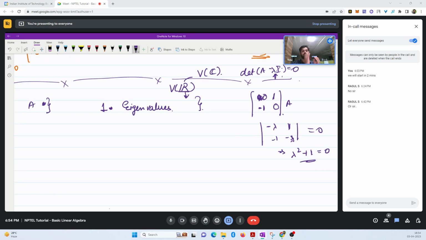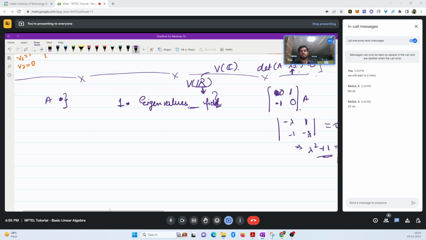So the first step for any diagonalizable matrix is that you should have eigenvalues in that particular field. That is the first and foremost thing that you should have. So how do you check that? Whatever characteristic polynomial you have should have all the roots in the real numbers, let's say if you have the real field.